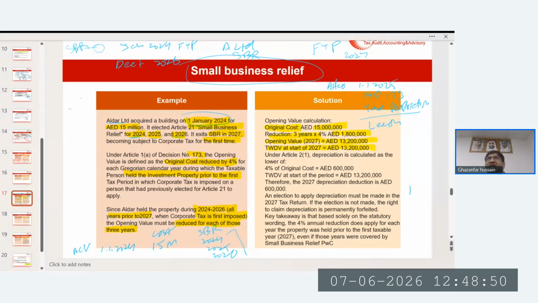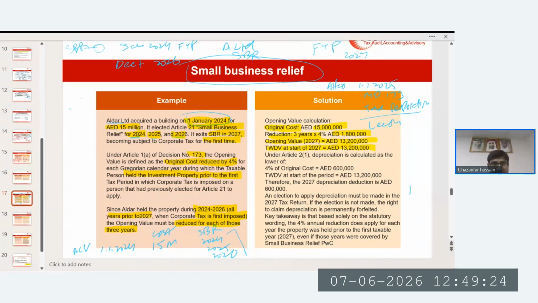So there is another point we previously said: if the taxable person has the SBR, then for the interest limitation rule, the interest capping rule, they can still carry forward for 10 years, counting from the total, excluding the number of years in which they applied the SBR. Let's say you have the carry forward interest in 2024.